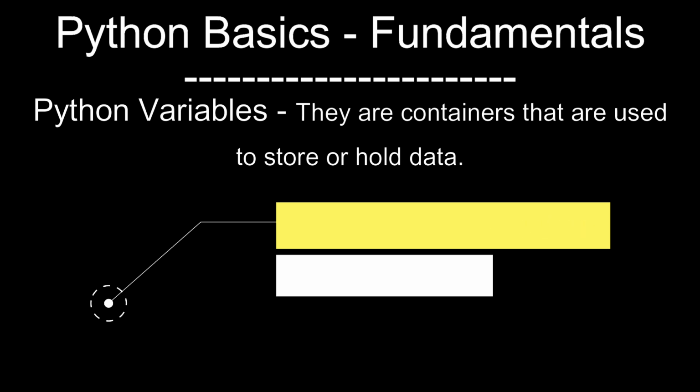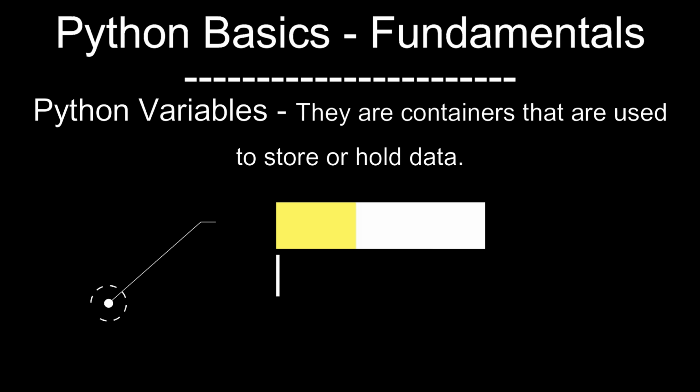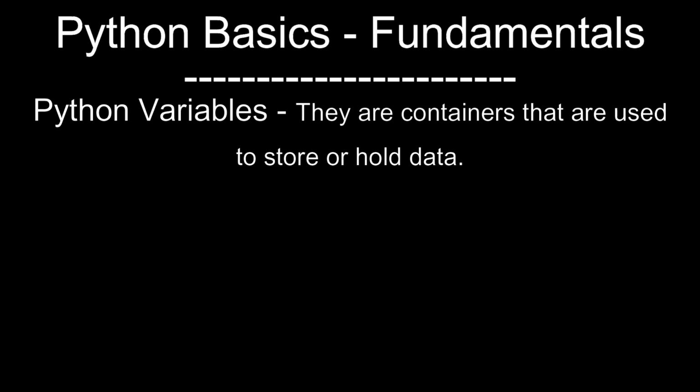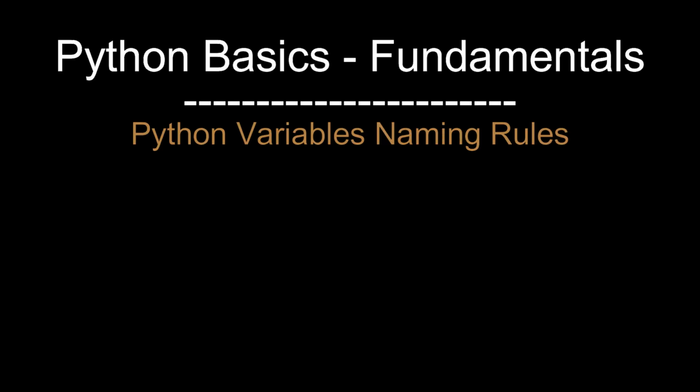And like any other thing in programming, we are bound by rules. If you are creating a variable, there are some rules you are supposed to follow. These are the rules you should keep in mind whenever you are creating a Python variable.